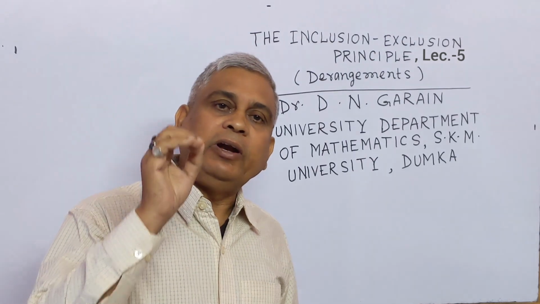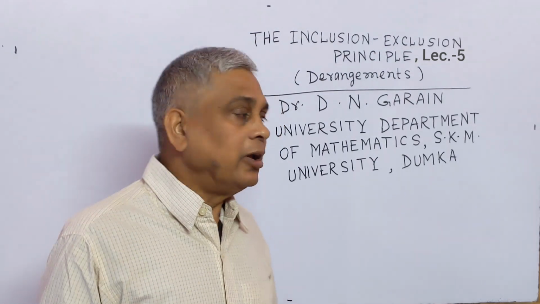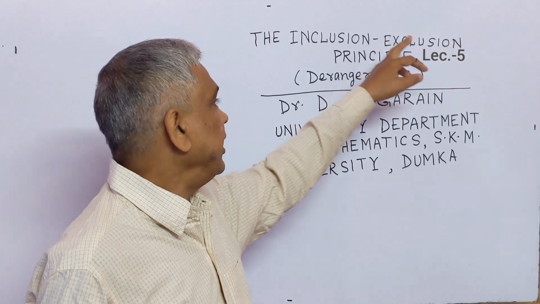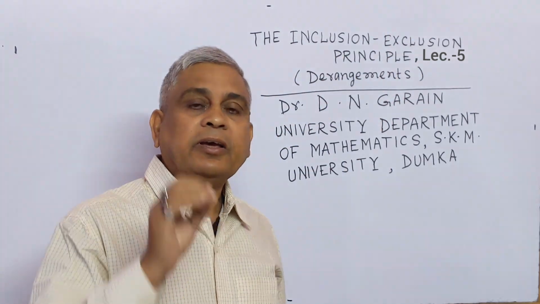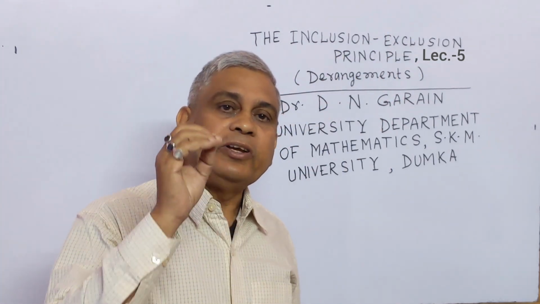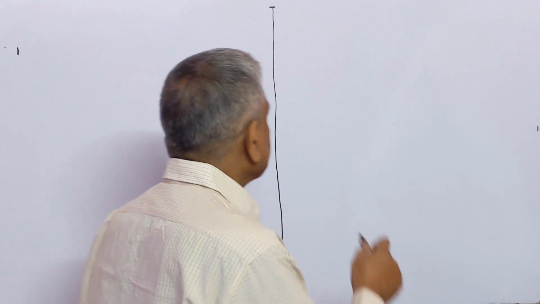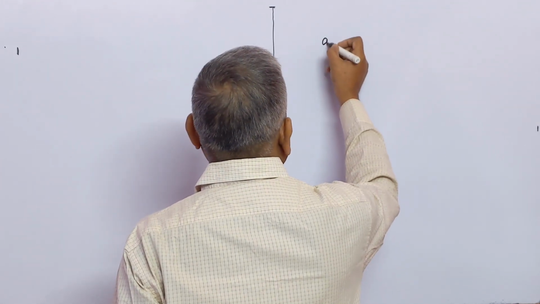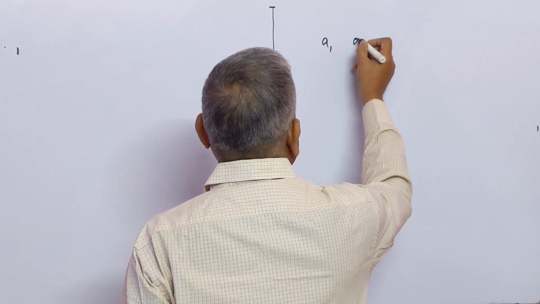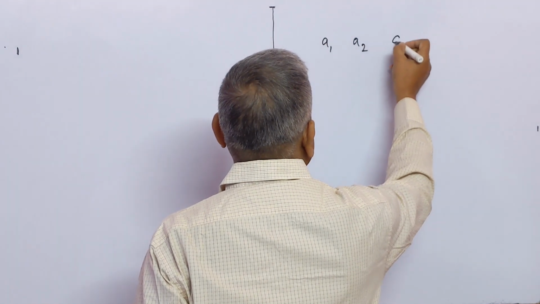Today, I will deliver a lecture on the inclusion-exclusion principle, in which I will discuss derangements. We have three objects: A1, A2 and A3.